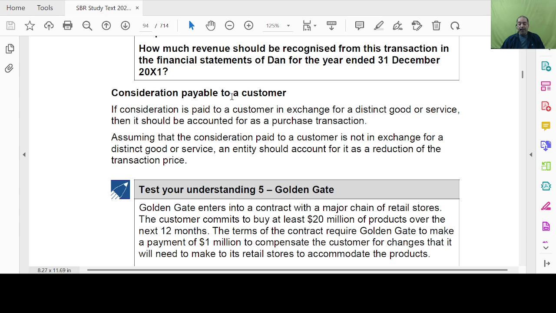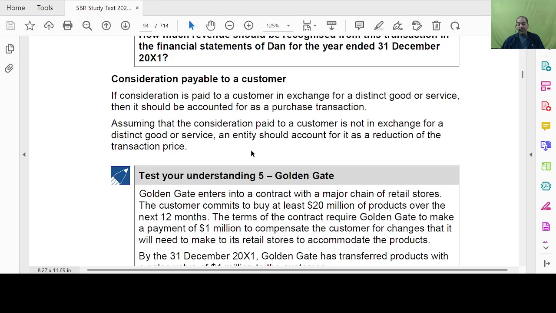Then consideration payable to a customer. If consideration is paid to a customer in exchange for a distinct good or service, then it should be accounted for as a purchase transaction. Assuming that the consideration paid to a customer is not in exchange for a distinct good or service, an entity should account for it as a reduction of the transaction price.